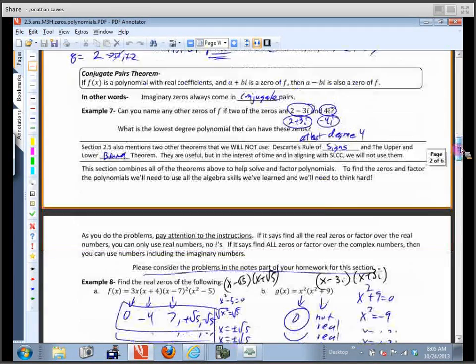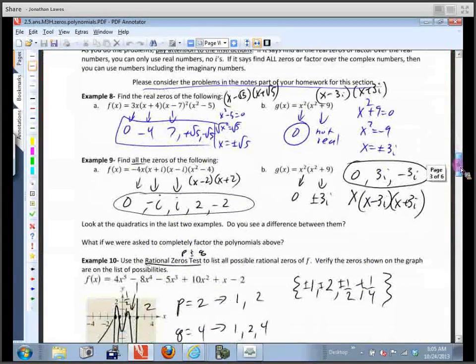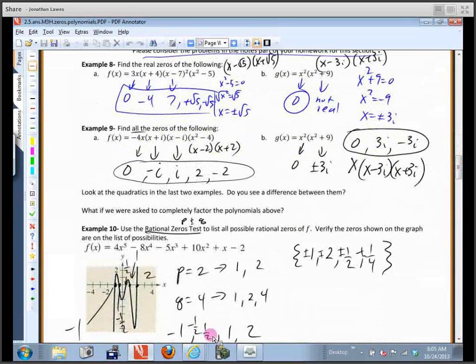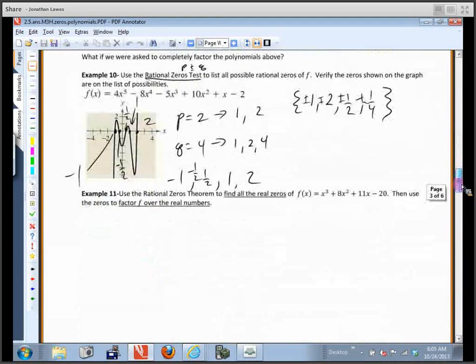So we talked about those ideas. And then we started off doing a couple of problems. And let's see, let's take a look at example 10. That was the last one that we did, and then we'll just do all the rest of the problems today and make sure you're in good shape for doing the homework.